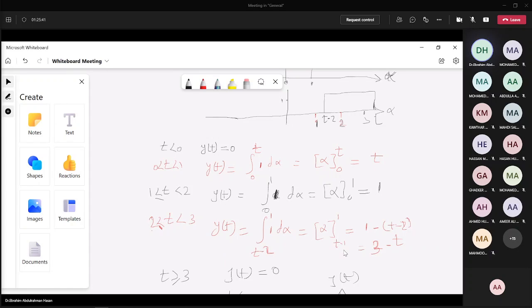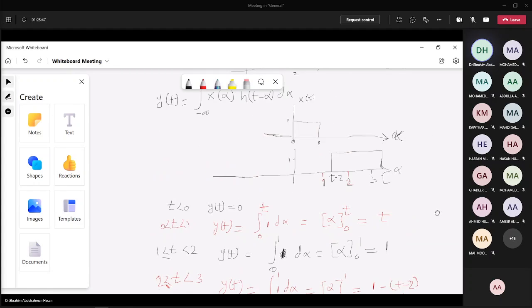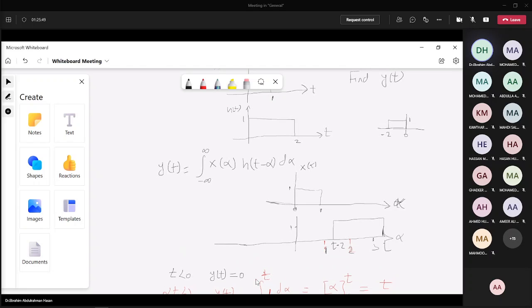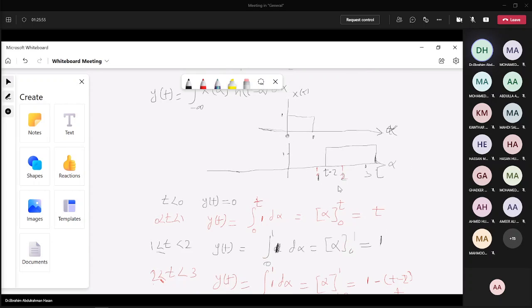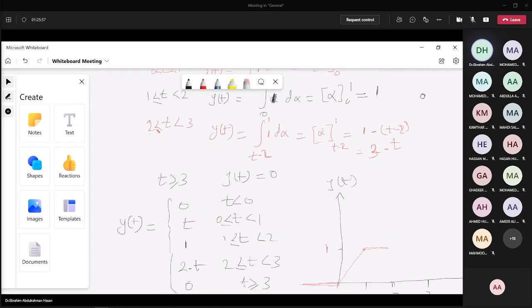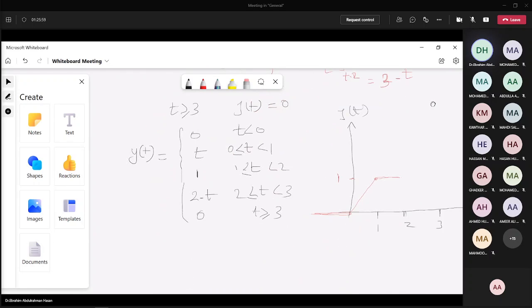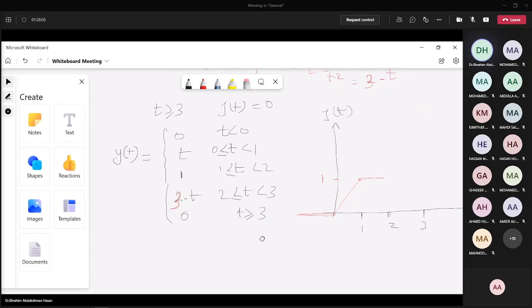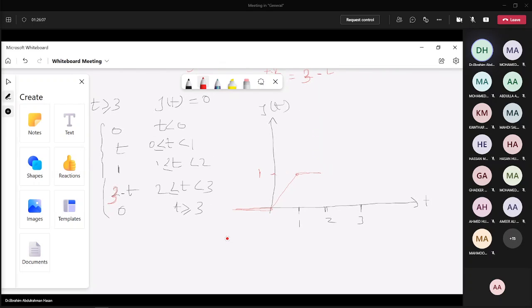Okay, this is 1 minus the t minus 2. Then the overlap, it's here. When it was here, it is between t minus 2 to 1, not t minus 1. So then this is equal to 3 minus t.